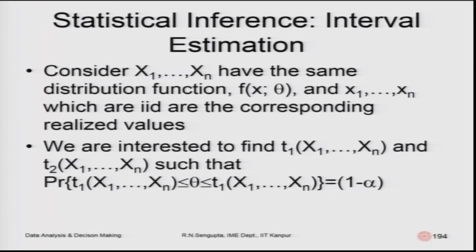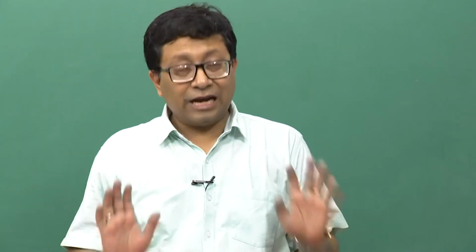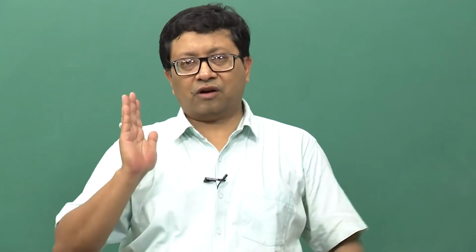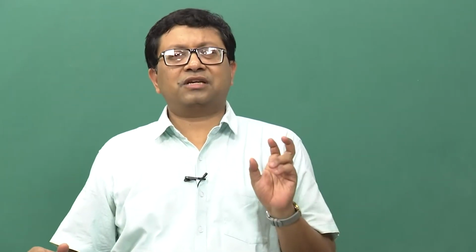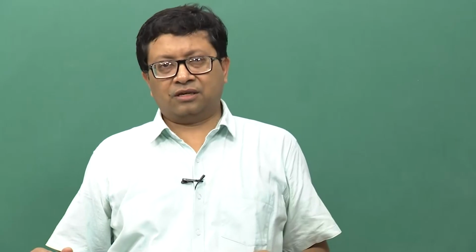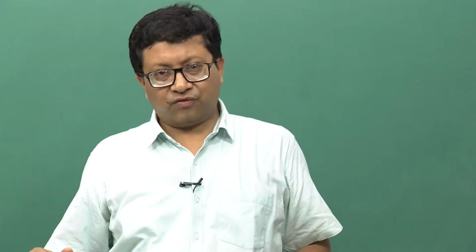So, what we are interested in is, given x1 to xn and depending on the level of confidence, the probability value of how good or bad our set of observations are, we want to find two estimates or two functional forms.